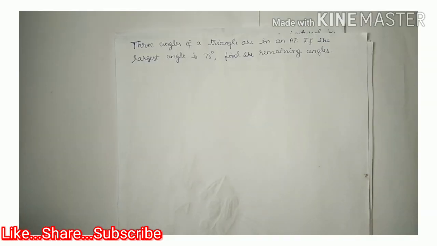Next example: 3 angles of a triangle are in an AP. If the largest angle is 75 degrees, find the remaining angles.